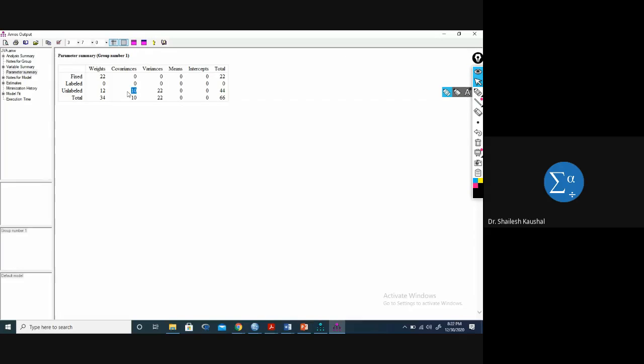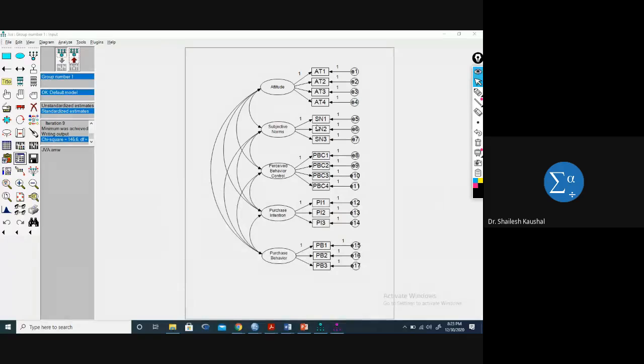And then 10 covariances. These are the covariances: 1, 2, 3, 4, 5, 6, 7, 8, 9, 10.